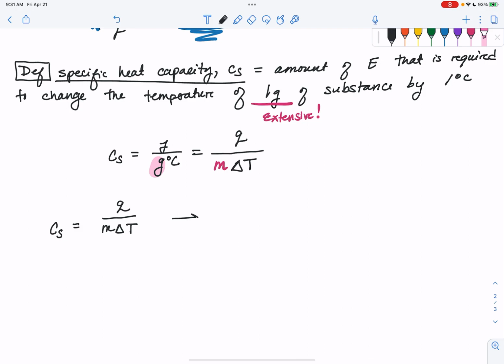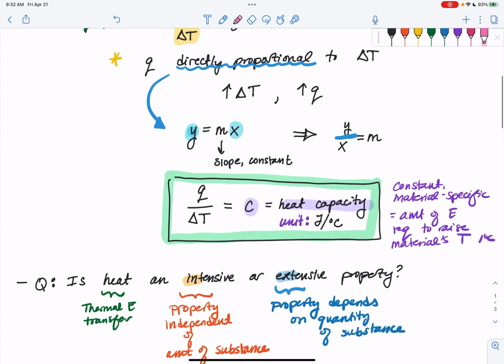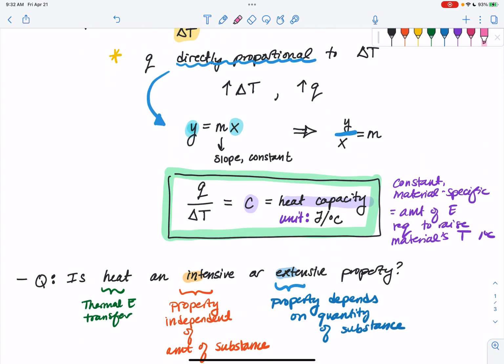But if we rewrite this to solve for heat, we now see that heat Q is equal to m times C sub s times delta T, or you will see this written as MC delta T, although I do want you to be careful because C sub s is the specific heat capacity, which includes the extensive idea of heat, whereas C, heat capacity, does not.